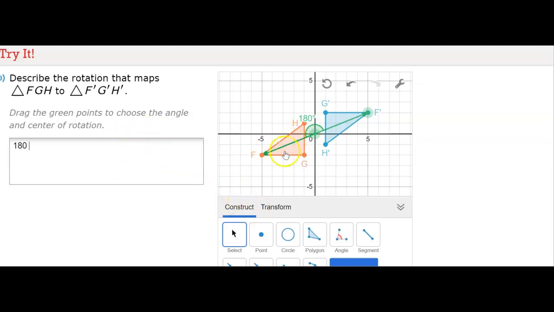So that rotation was clockwise, 180 degrees.